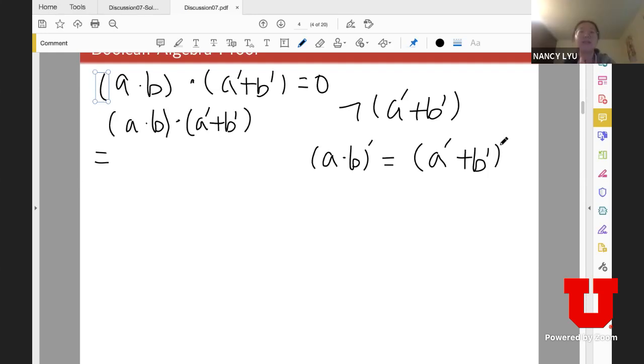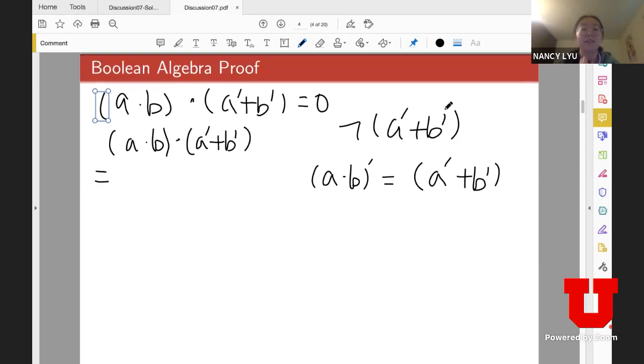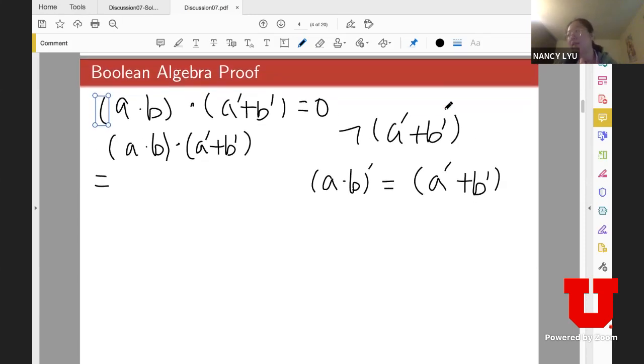So yes, we can negate A complement plus B complement. But in this problem, we just want to use the properties in theorem 6, like commutative, associative, or distributive. So this should be equal to A dot B.